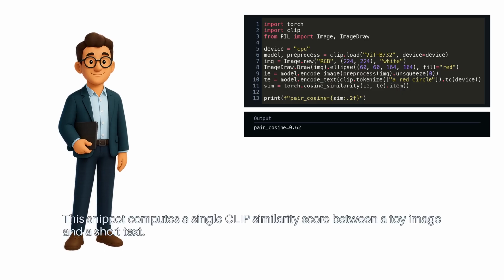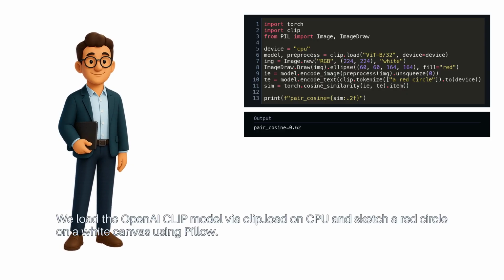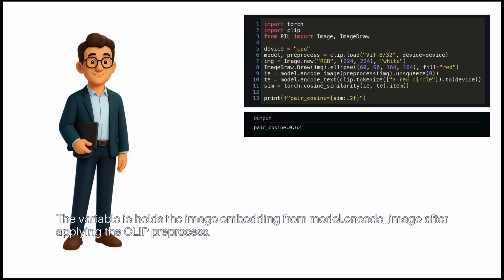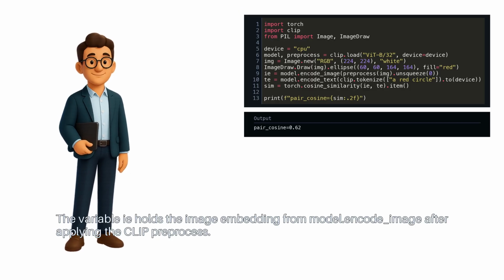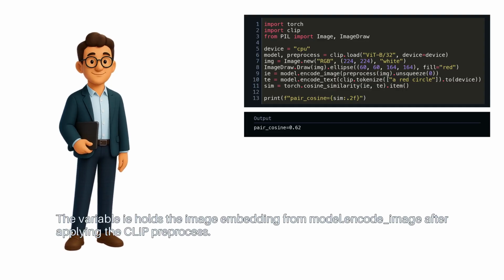This snippet computes a single CLIP similarity score between a toy image and a short text. We load the OpenAI CLIP model via clip.load on CPU and sketch a red circle on a white canvas using Pillow. The variable IE holds the image embedding from model.encode_image after applying the CLIP preprocess.